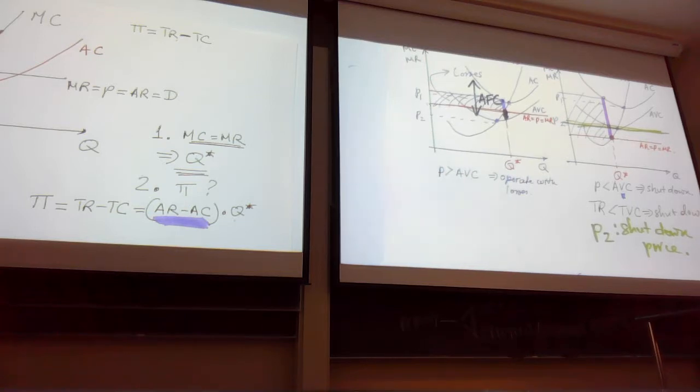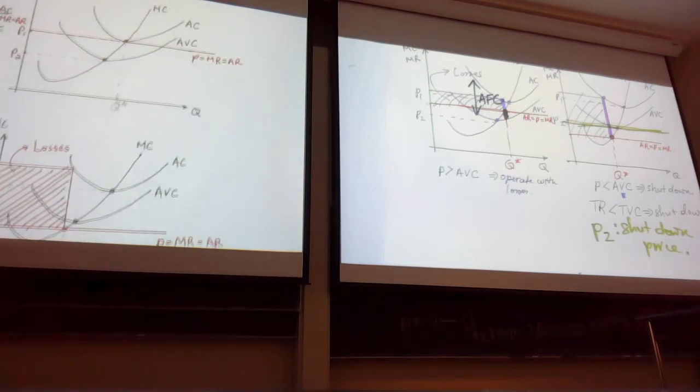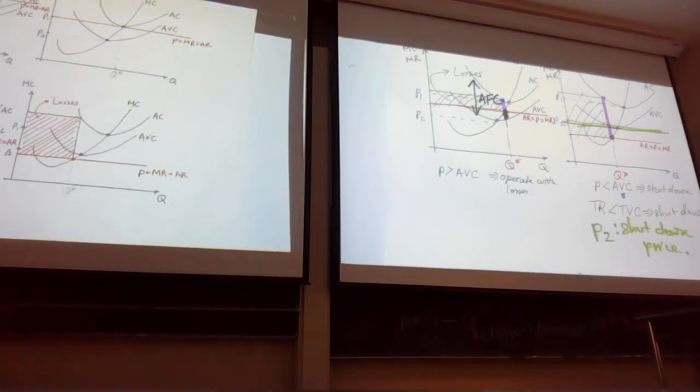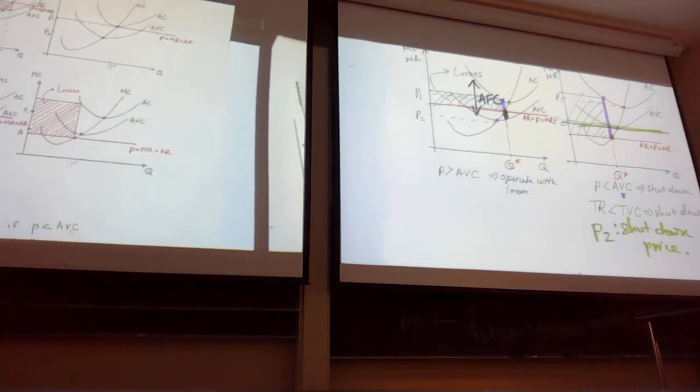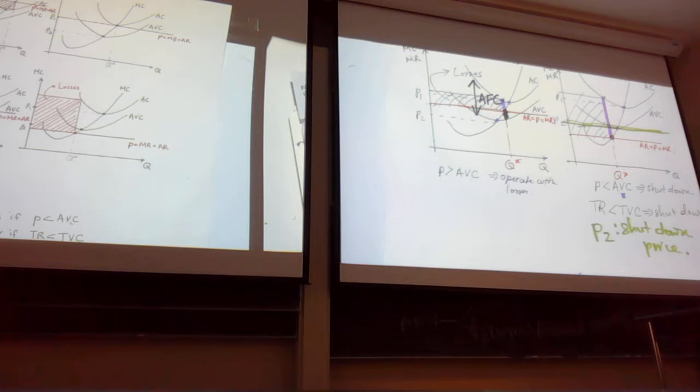Summary. By the way, these are the nice graphs that you guys have from me, and the handout you have from me. The 4 pages, side by side. Profits if the price is higher than P1. Losses if the price is lower than P1.